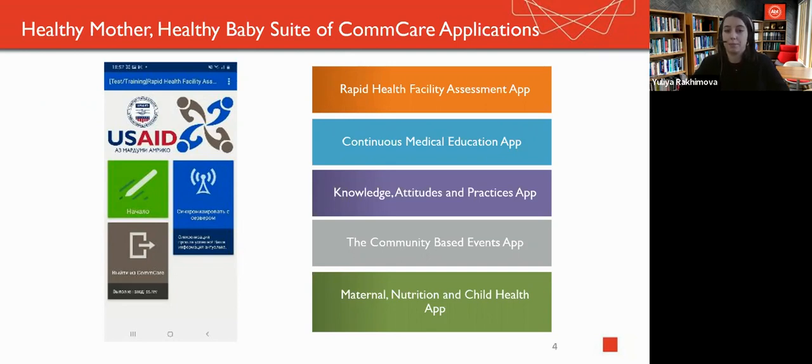All apps are developed in accordance with national standards and protocols, and their sustainability will be ensured once they are all nationalized. Data flows directly into the DHIS2 platform and to a server at the Republican Center for Medical Statistics and Information, ensuring users have healthcare information at their fingertips to expedite decision-making.